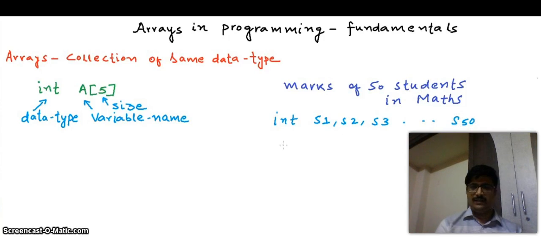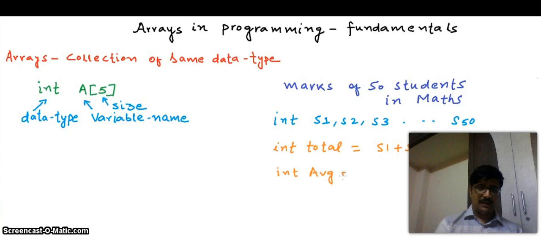Now let's say we wanted to calculate the average marks of all the students. To calculate that, we will have a variable total. This total will be equal to s1 plus s2 plus s3, and so on, all the way till s50.